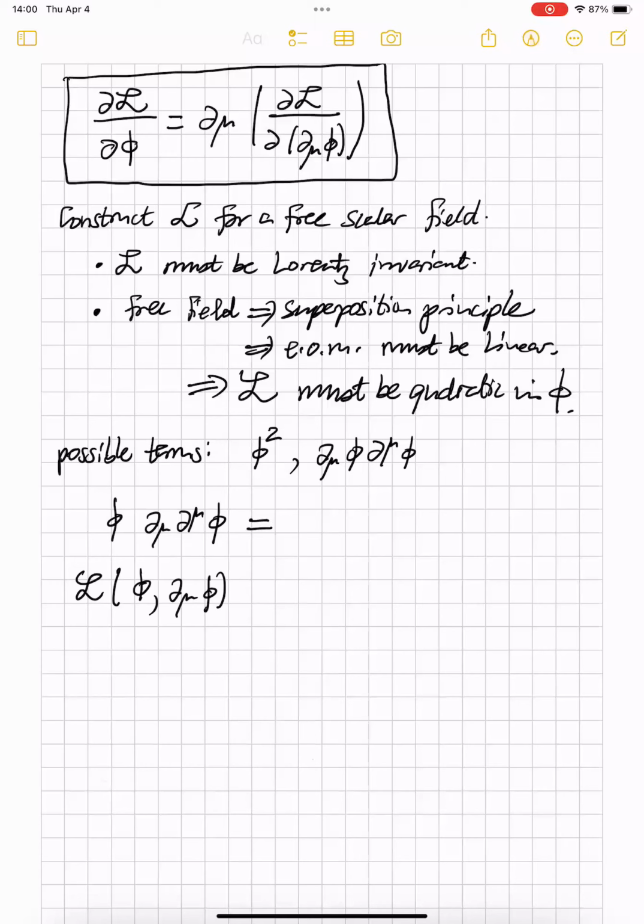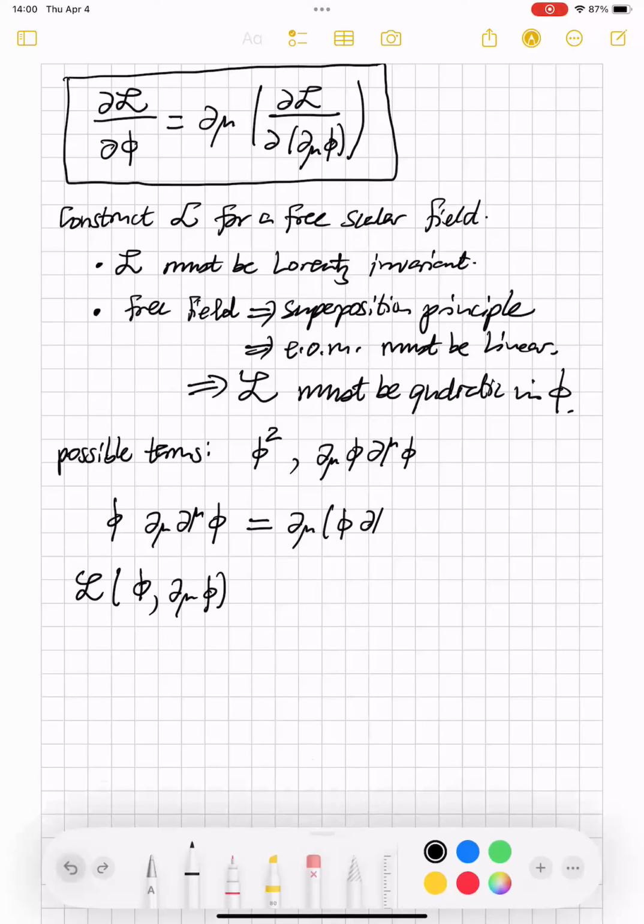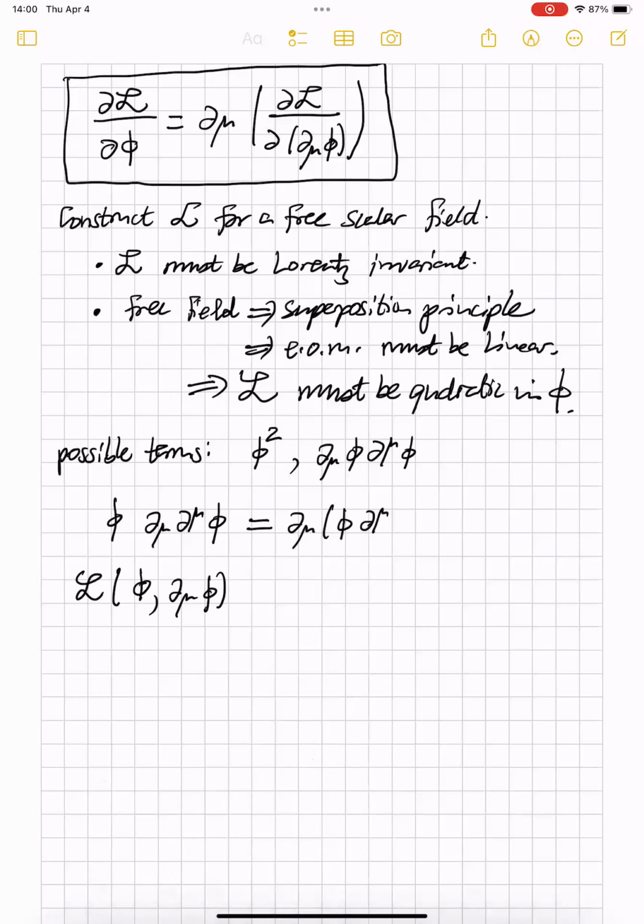I can rewrite it as d mu phi, d mu phi. Oh, I don't know what happened there, so let me just correct that. When the second derivative acts on the first term, the product rule produces two terms.